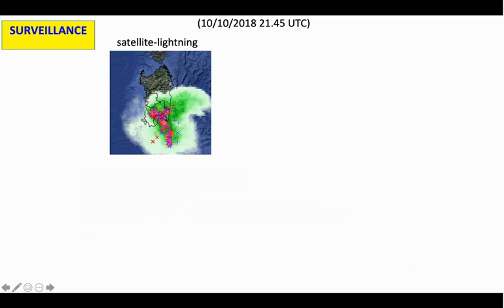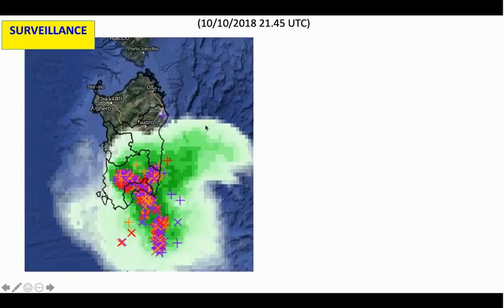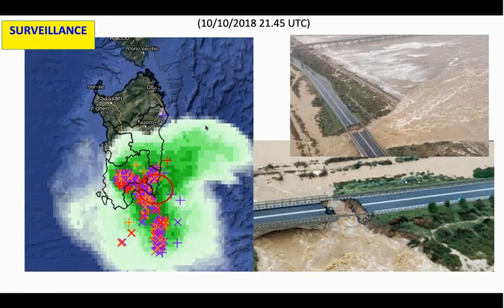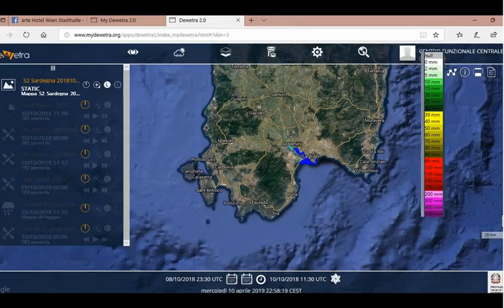The occurrence of lightning and the satellite precipitation can advise us that this is really an intensive event. This is what happens.